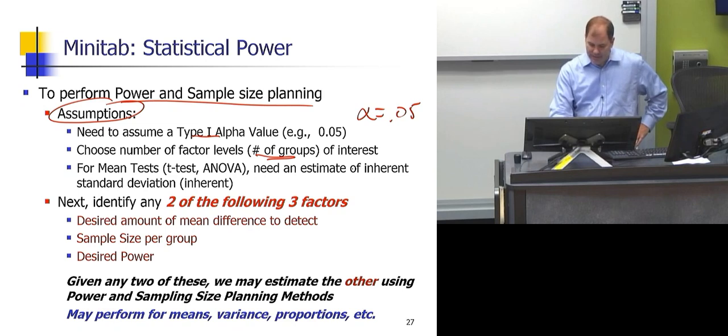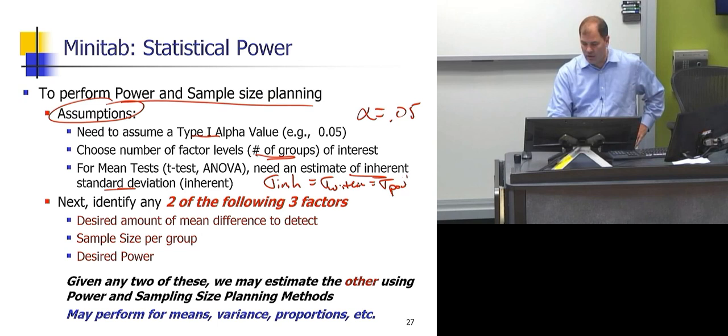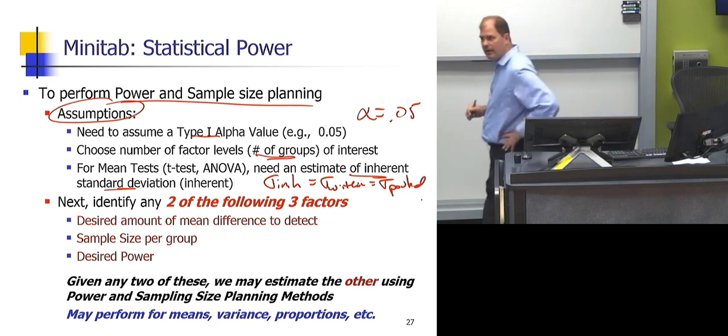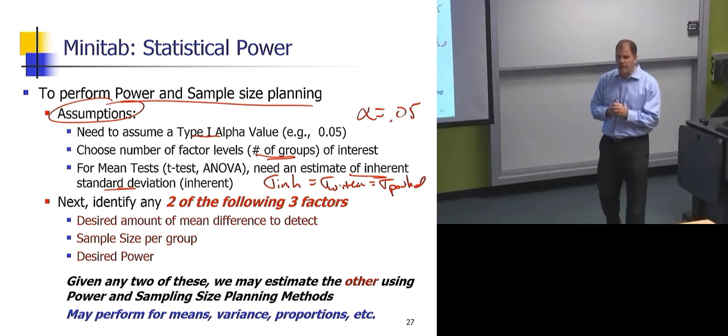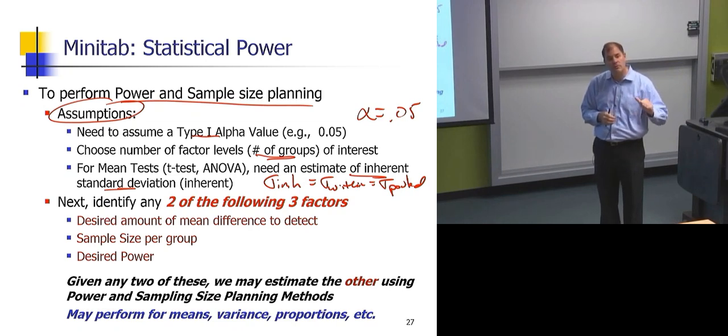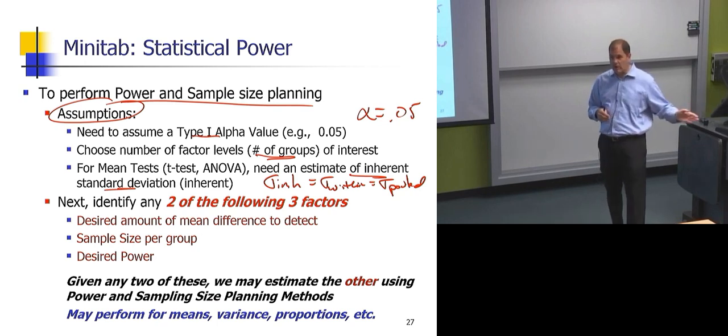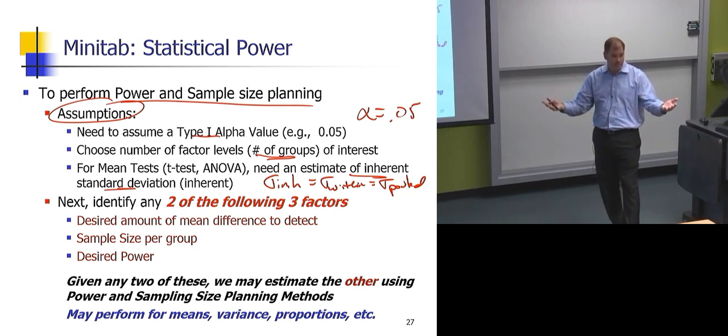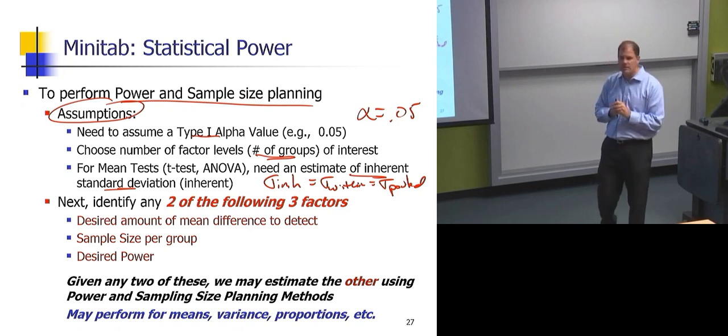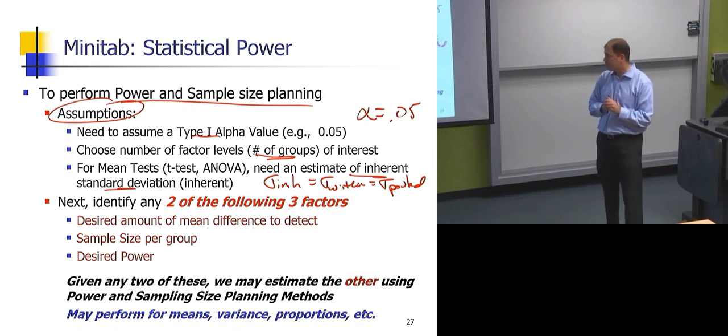You also need an estimate of the inherent standard deviation. This could be sigma inherent, sigma within, sigma pooled. These all mean the same thing. Now, if you remember our assumptions of ANOVA, one of our 2 assumptions was homogeneity of variance, which means all the variances are equal. All the within group variances are equal. If they're all equal, we've got to give an assumption of what that number is. We've got to know what that within group variance number is as an estimate.